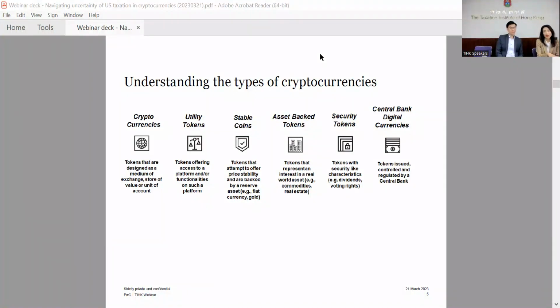And that gets into tricky areas like securities law, whether it is a security for legal purposes and for tax purposes. And then you've also got the CBDCs, which are tokens issued and regulated by the central banks of governments. Several governments have already looked into whether to issue CBDCs, including the US. I think China also looked at it.